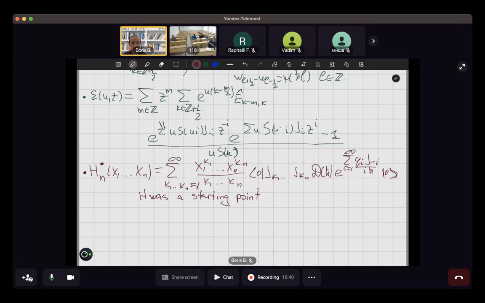So we derived this formula, and now it is the starting point for today, and the theorem which we want to discuss now is the following: that this H n is equal to, in fact, let me write it in a very compact way.